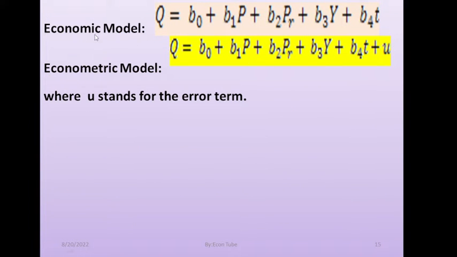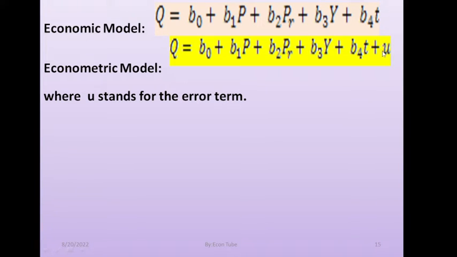For example, the above economic model is: quantity demanded equals beta naught, which is the intercept, plus beta 1 times the price of the commodity itself, plus beta 2 times the price of a related good PR, plus beta 3 times the income of the consumer Y, plus beta 4 times taste or preference. These four variables are determinants of quantity demanded, which is simplified in symbol form.